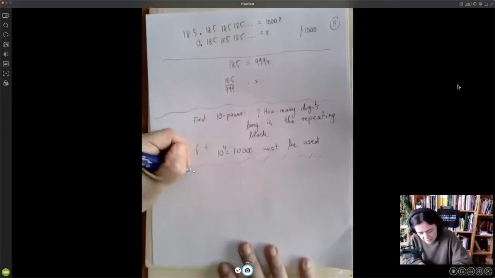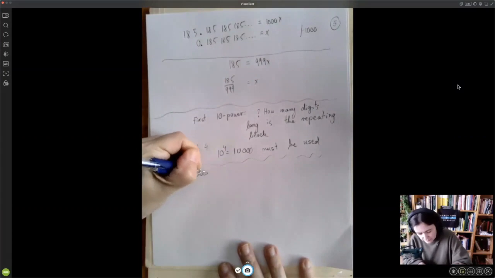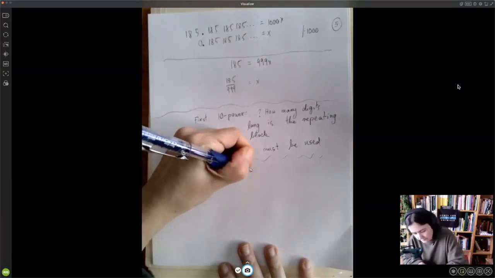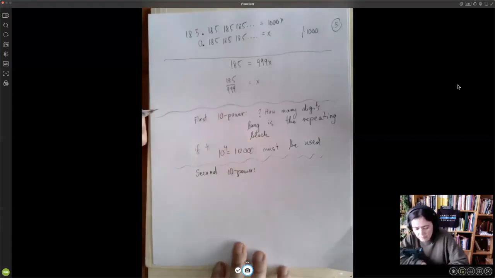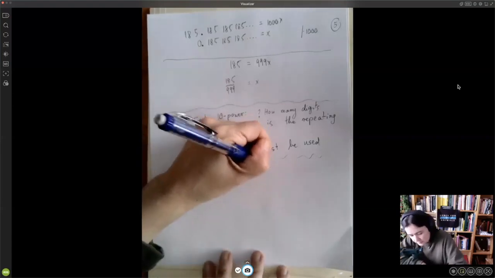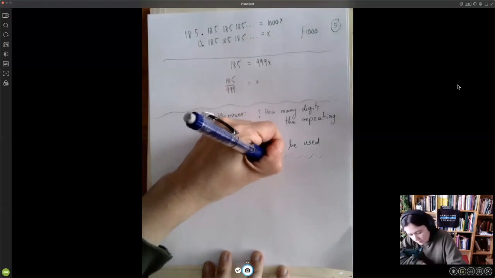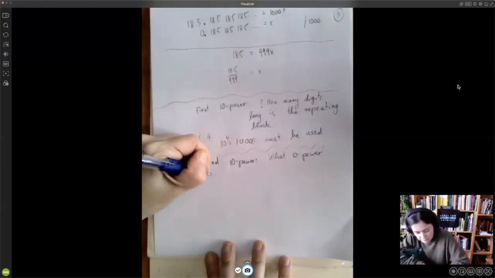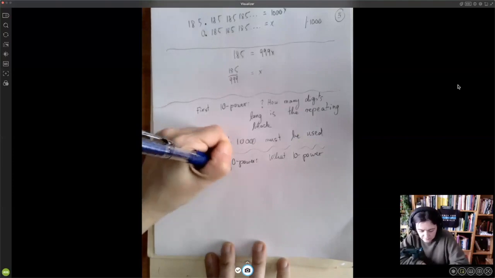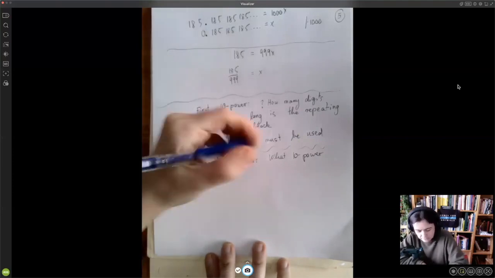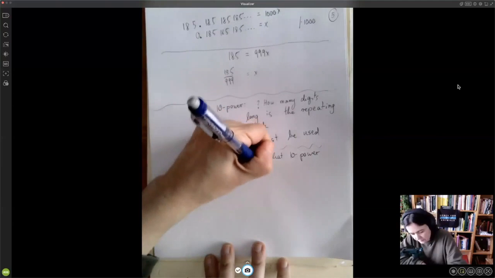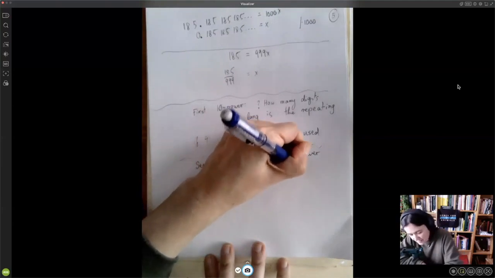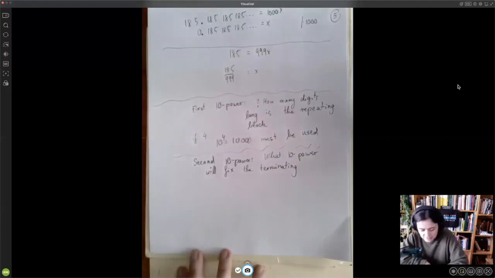So the second 10 power is: what 10 power will fix the terminating decimal?